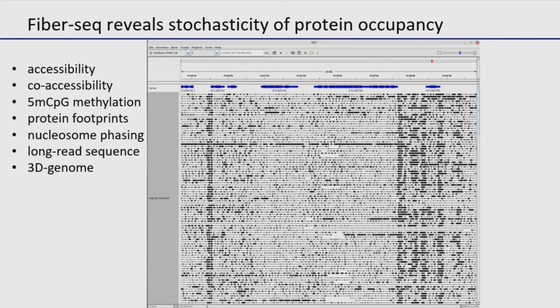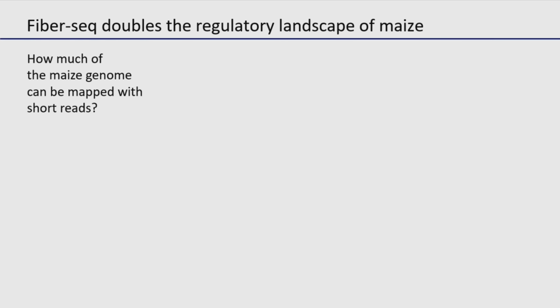So this protein occupancy, for the first time really visualized. And on the right side, again, I show all the features of the epigenome of gene regulation that we can extract via computational analysis from Fiber-seq data, including the 3D genome, which I will not show today.